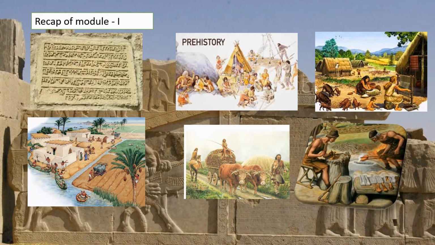Turkey, Syria, and Iraq were very prosperous. Embankment water was used for irrigation. Huangdi, king of China, introduced agriculture, animal husbandry, the wheel, the cart, etc. So all these things we learned in Module 1.